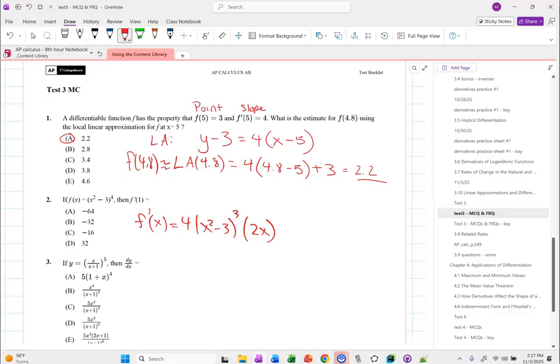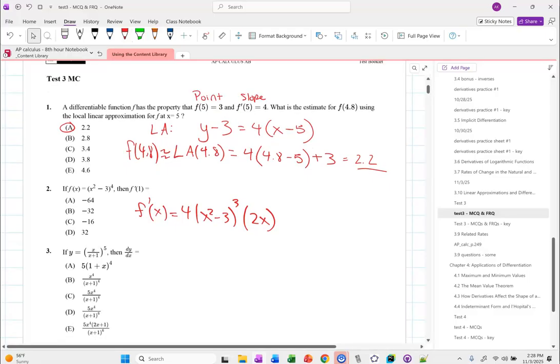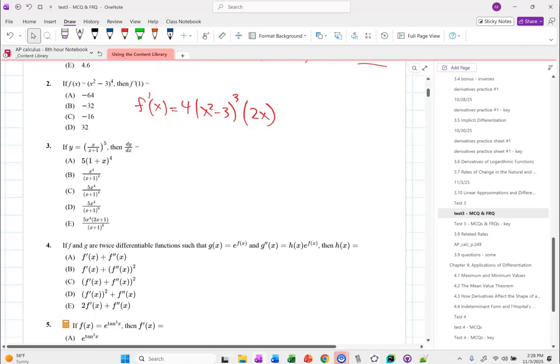What's the chain rule? It's a chain rule. Yeah, that's right. Oh, x to the 4. You see it? How about 3?